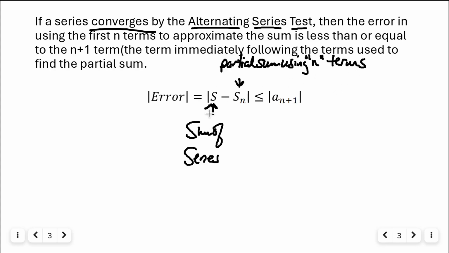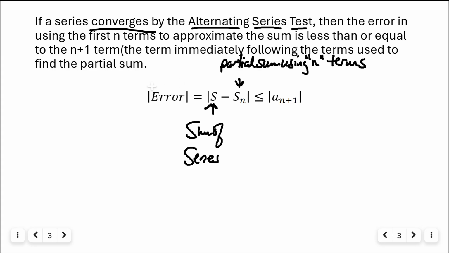Now, if I were to take the actual sum of the series and subtract a partial sum that only used, let's say, 5 terms, okay, if I were to add the 5 terms together, right, and then subtract it from the actual sum of the series, that would give me the error, right? That would tell me how far away I am from the actual sum, okay? The actual sum minus the partial sum would tell me how far off I am from the true answer.